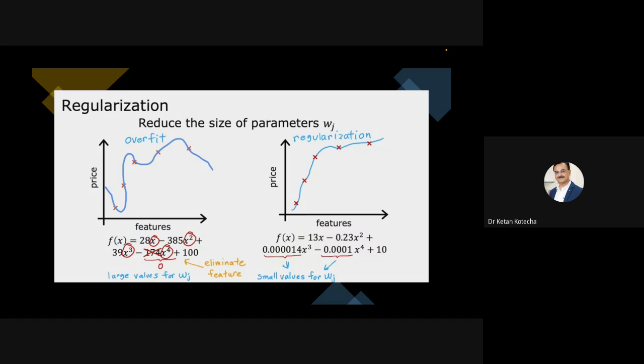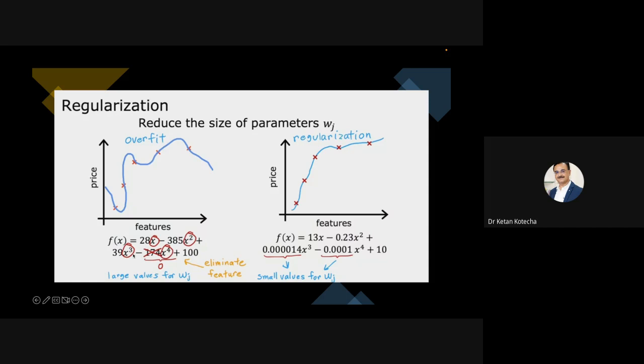One more method of eliminating overfitting is regularization, which I already told. This is my equation, which has been obtained from the data, which means learned. And this is an output of a neural network learning, right? What you do is, this is the overfitting curve. It's not smooth, passing through all the points. Why?